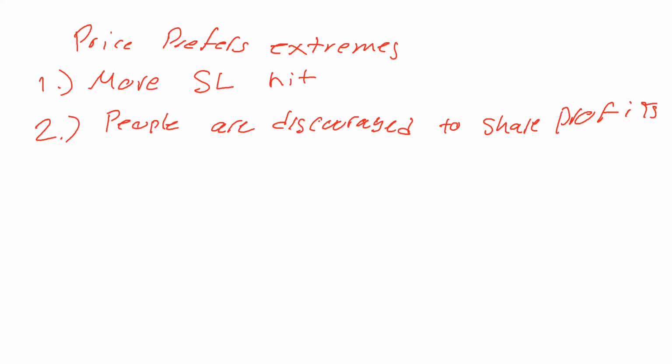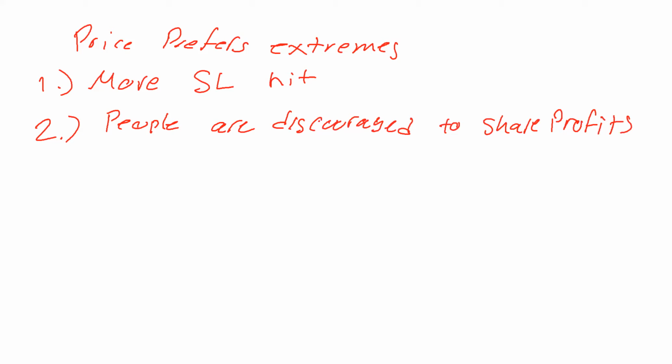So what this means essentially is, the more money that is in the pot for institutions to grab, the better. I don't know why it's drawing like this. I apologize. Okay, so the more people that get stopped out, the more money that's in the market, correct? Perfect. Now, a lot of people will not follow their trading plan after taking a loss.